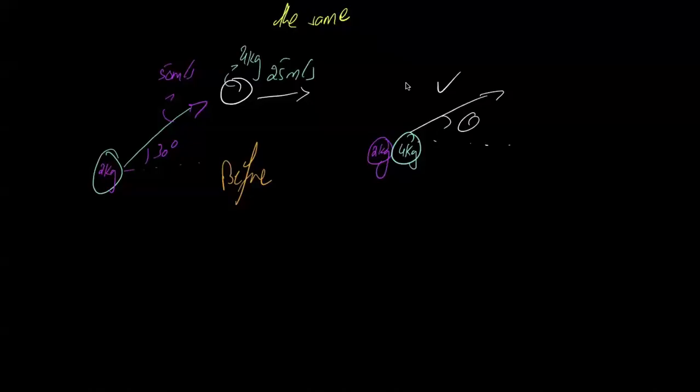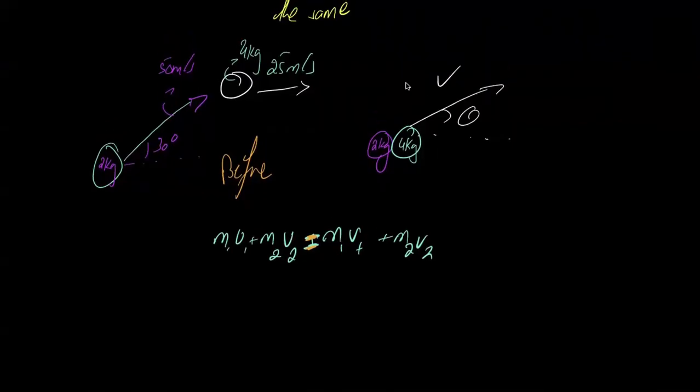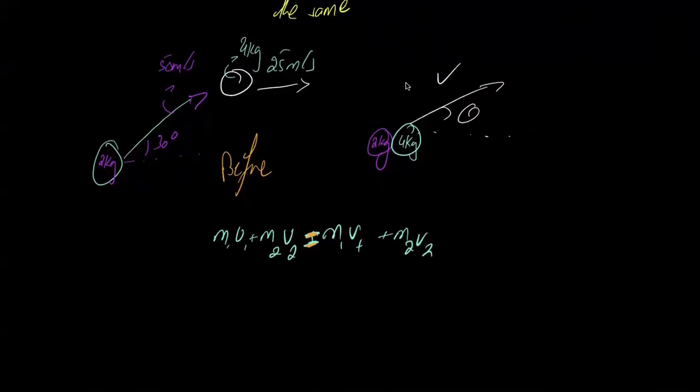So my formula is again the same. M1 U1 plus M2 U2 equals M1 V1 plus M2 V2. It's the same over here. But first, let's deal with our horizontal direction.